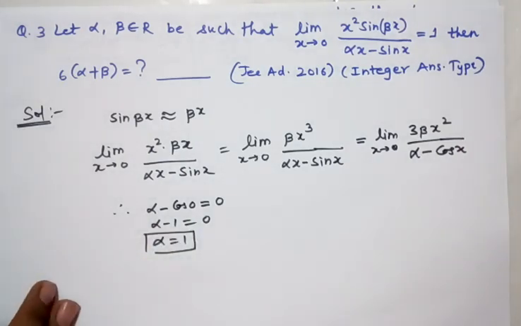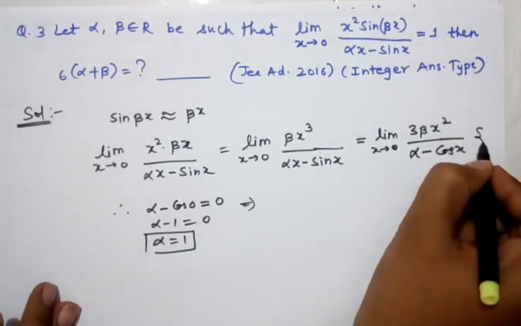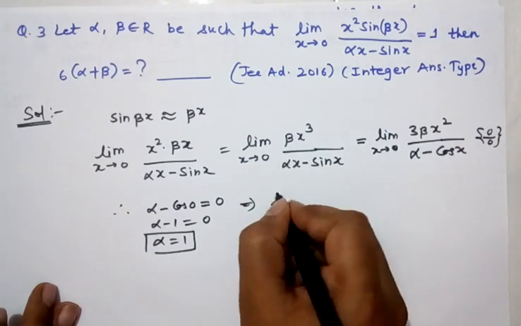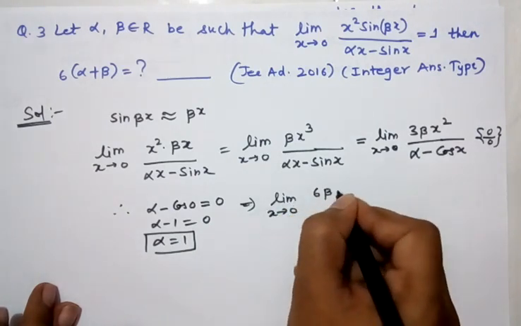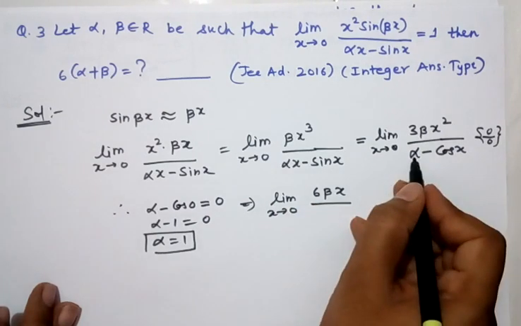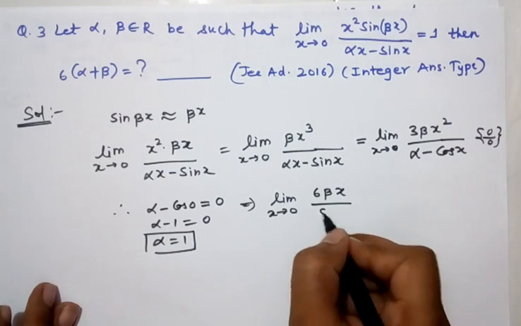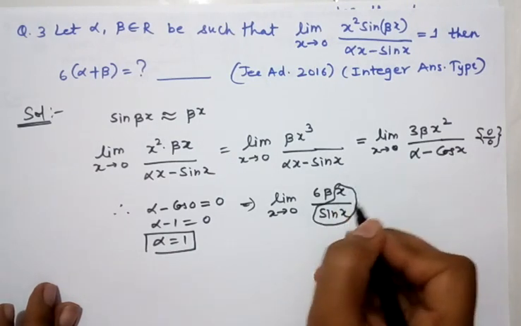Okay. Now proceed further. So this is 0 by 0 form. So we have to again apply L'Hospital rule. We get limit x tends to 0, 6 beta x divided by alpha is a constant, differentiation is 0, minus cos x, that is sin x. Now we know x by sin x, that's 1.